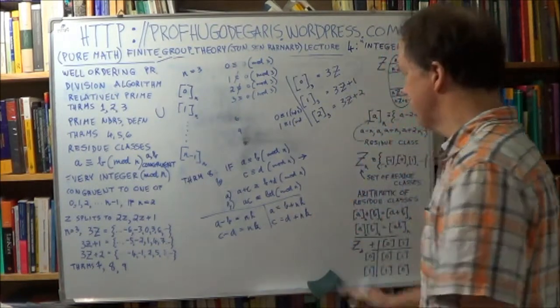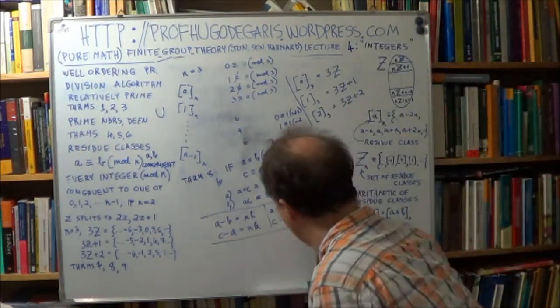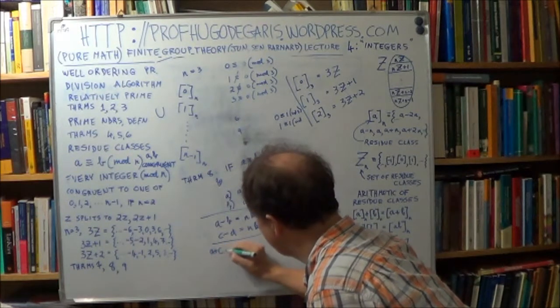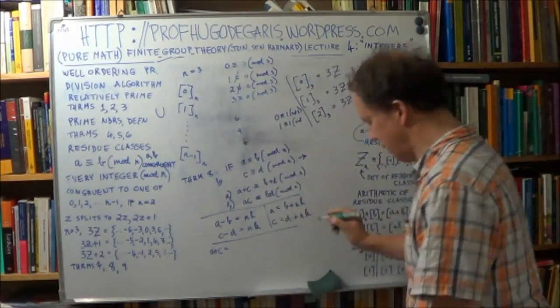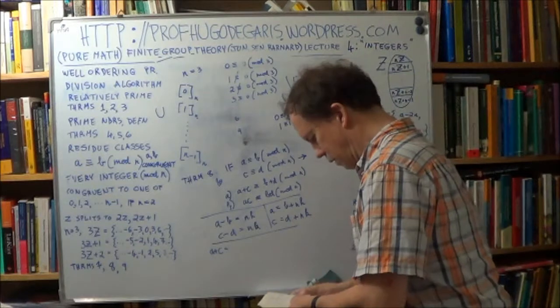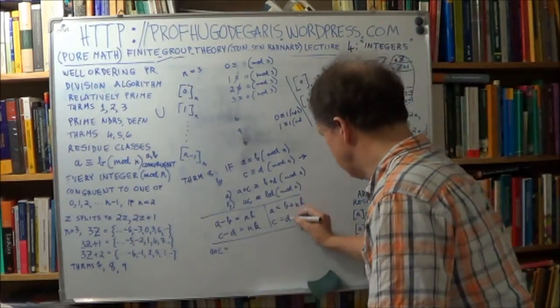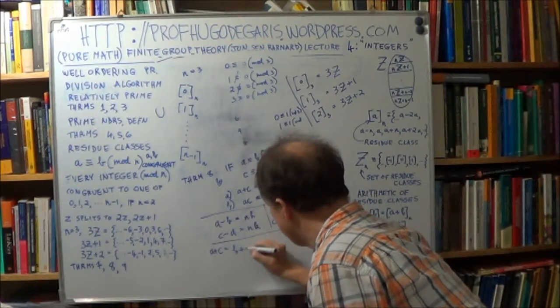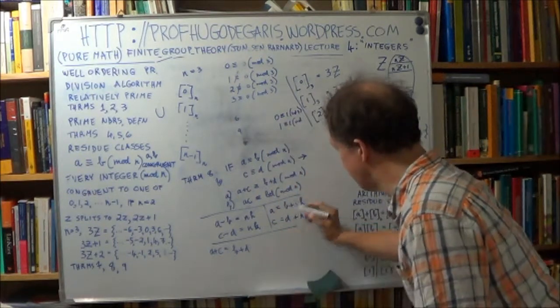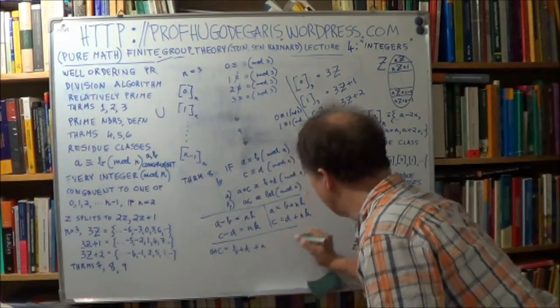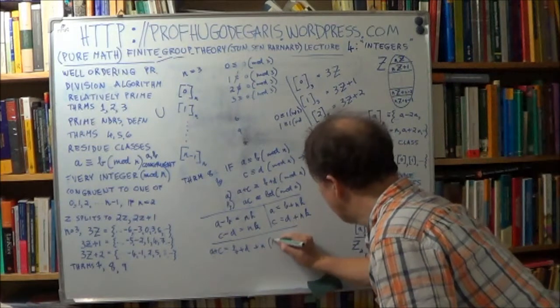So now add A and C. You'll get A plus C equals this plus this, and that will be B plus D, plus N into H plus K.